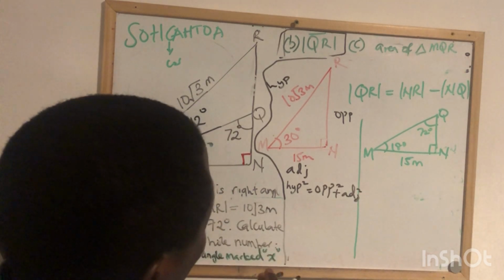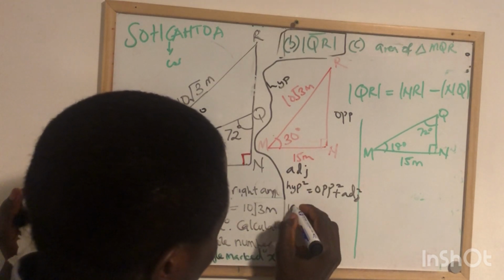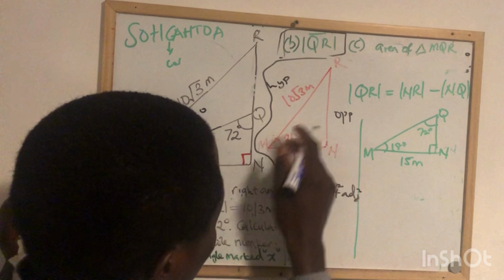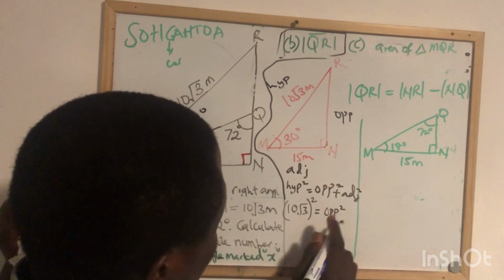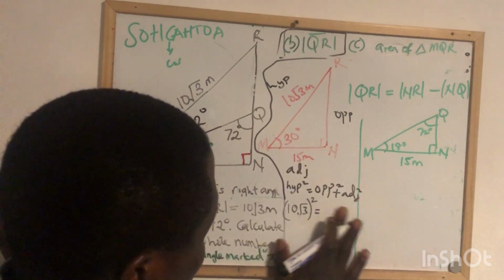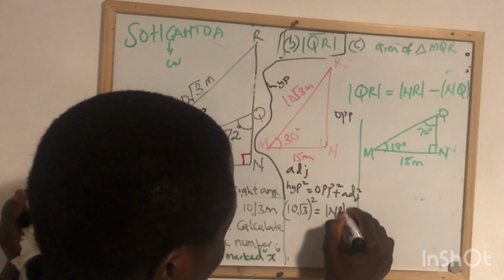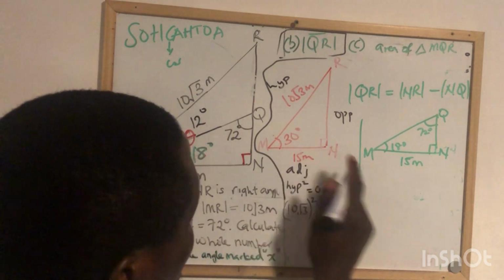Now the hypotenuse square is 10 root 3 all square, equal to opposite square, which is what we are looking for, NR. So I'll quickly put it, this is NR, right? NR square plus 15 square.